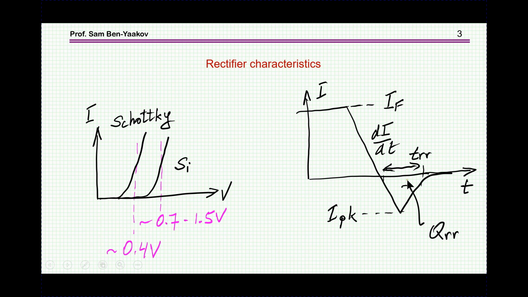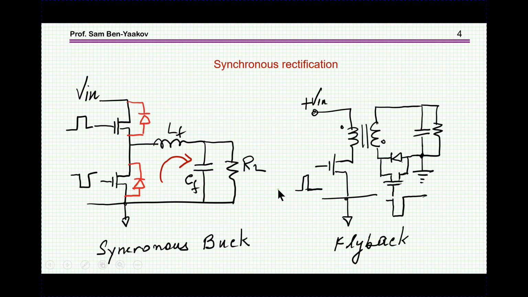Here we have some charge associated with this process, the QRR, and of course the charge times the voltage is energy. So depending on the switching rate, switching frequency, we're going to have a loss here. And then we have this TRR, which is the time it takes the diode to recover. So these are key parameters that we have for the practical diode or rectifiers that we have to take into account in the various applications.